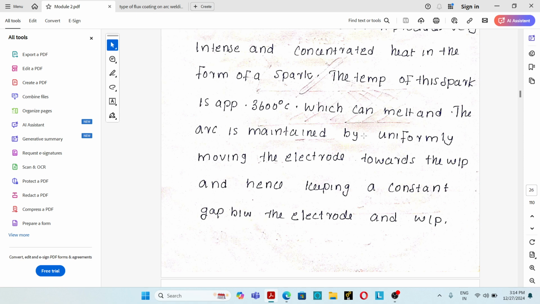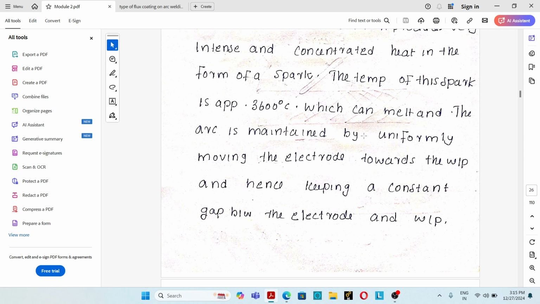Once more, arc welding is basically a fusion welding process in which the heat required for welding is obtained from the electric spark or electric arc created between the electrode and the base metal to be joined. When current is passed from one conductor to another through an air gap, it produces very intense and concentrated heat in the form of a spark.